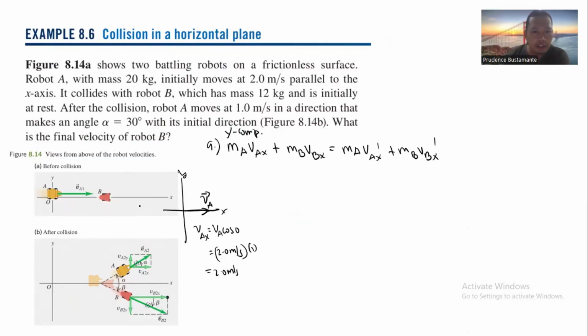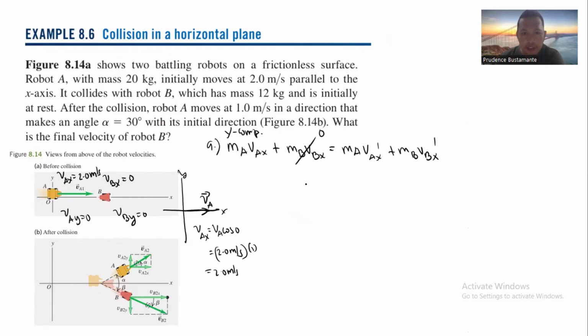That is our VAX, 2.0. Our initial VBX is equal to 0. It also has VAY, which is equal to 0. Since B is at rest, your VBY is also equal to 0. But we're gonna use the x component first.